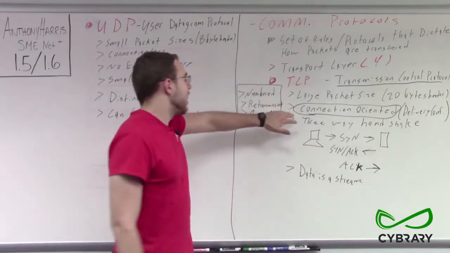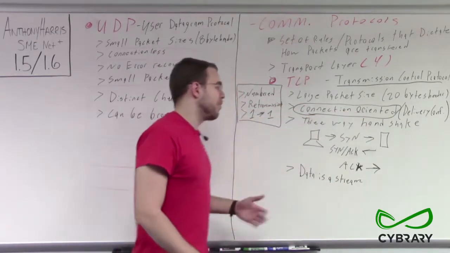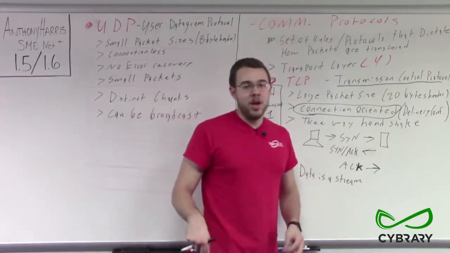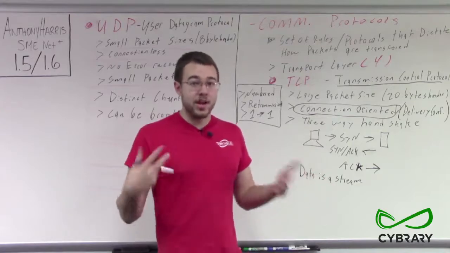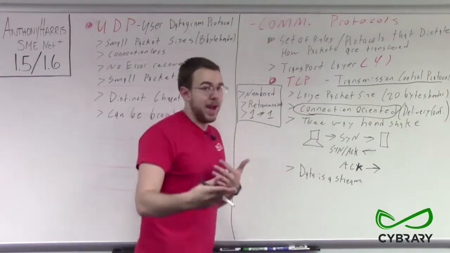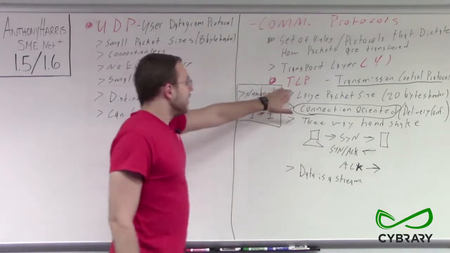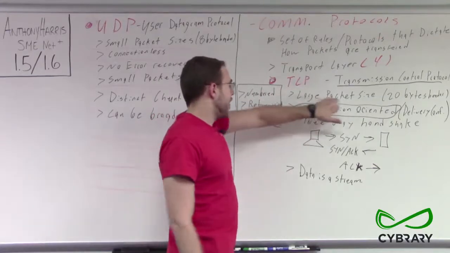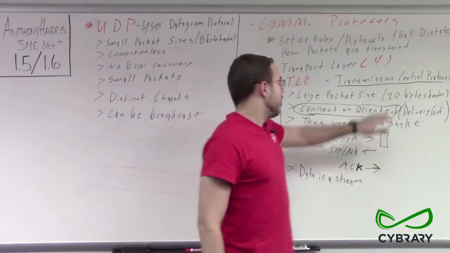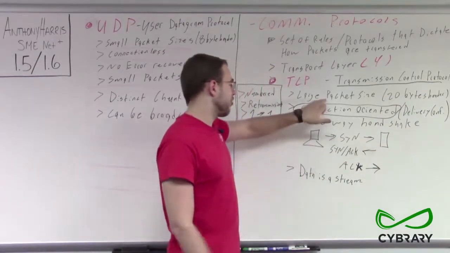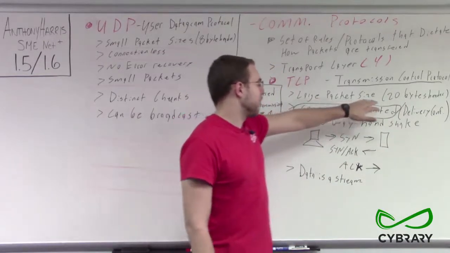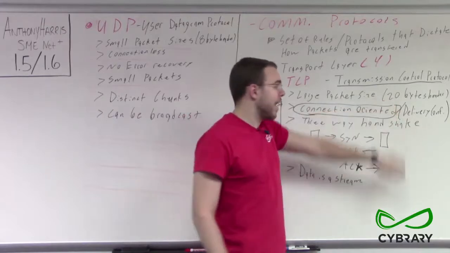So TCP is a connection-oriented protocol, which means it gives us delivery confirmation. It talks back and communicates with the receiving party to make sure that it got the packet before it sends the next one. Now, TCP allows us to have larger packet sizes, and this is because it has a larger header, a 20-byte header.